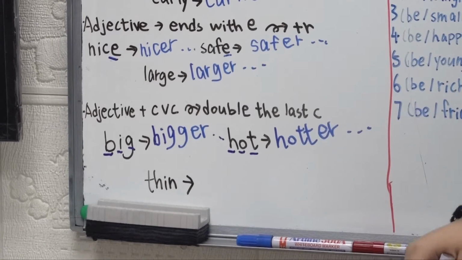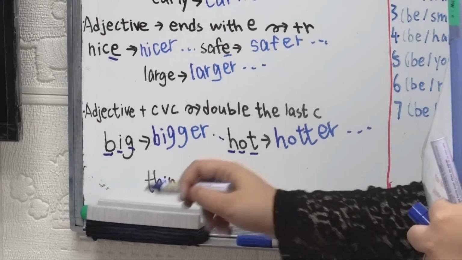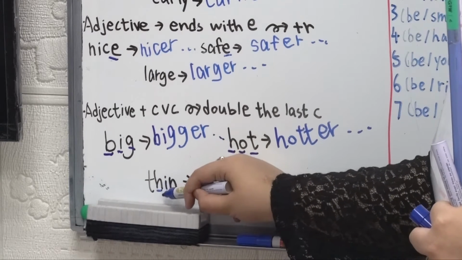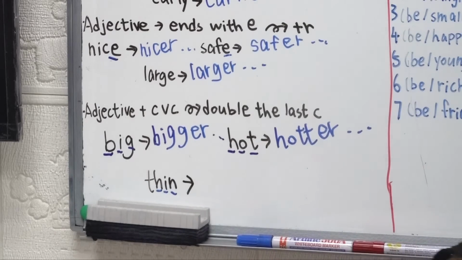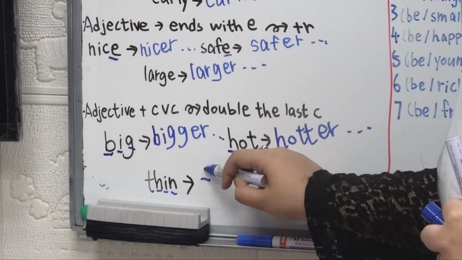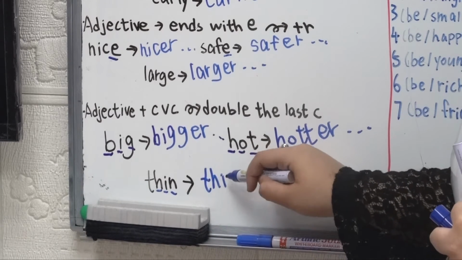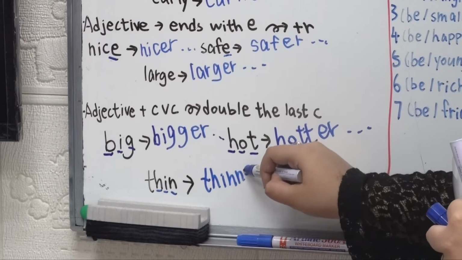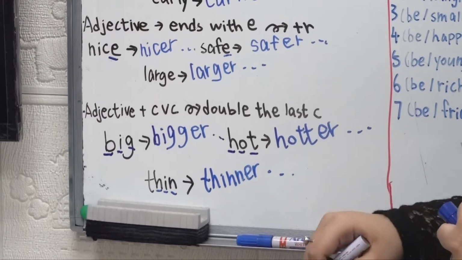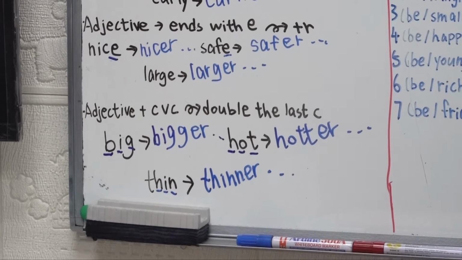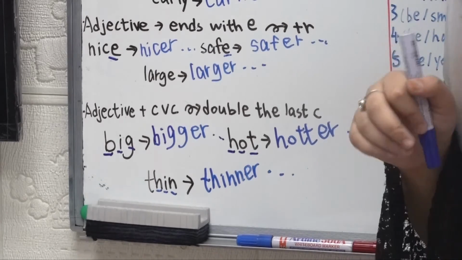And then thin ends with consonant, vowel, consonant, right? So we also double the last consonant, and then add ER and then add "than", right? Understand? So we are done with the revision on that.